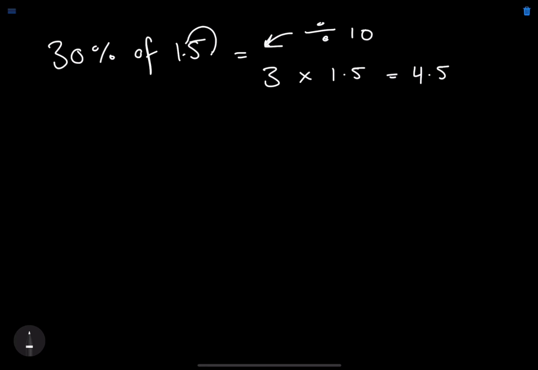It's again quite simple. So we'll now do 20% of 75, and we'll do the same thing. So 20 divided by 10 is 2, and 75 divided by 10 is 7.5. And that equals 15.